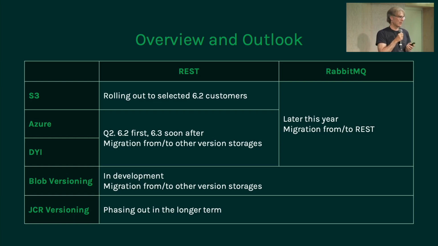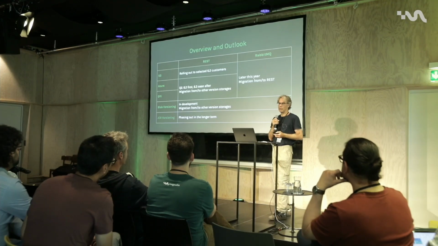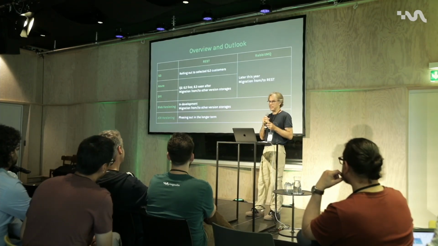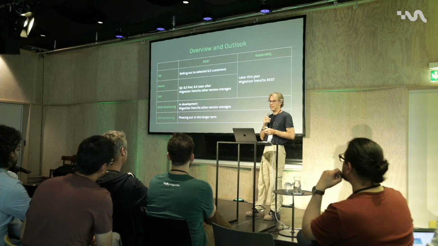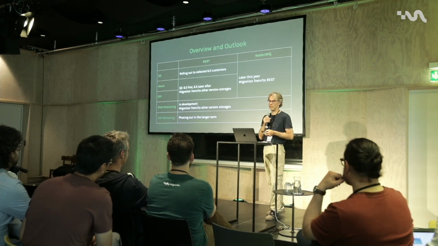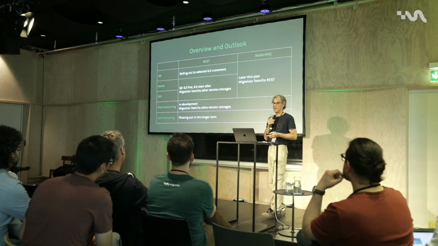But we are currently in the process of rolling out the first version of Swift publication using REST for orchestration, S3 for the backend store, for Magnolia 6.2 and for some selected customers there. We plan to follow up not too long after that with 6.3 releases, and also support other backend version stores, Azure for example, and the ability to implement your own.